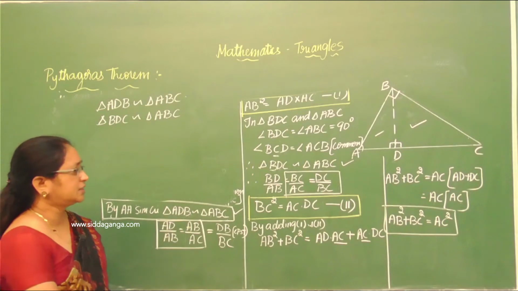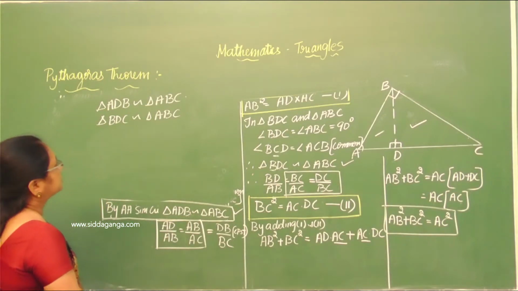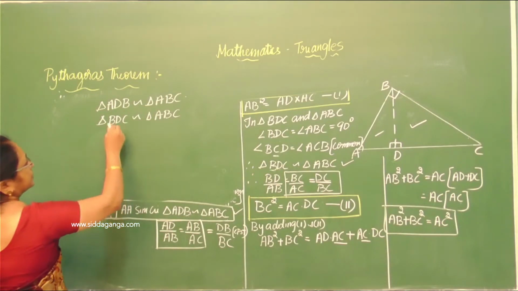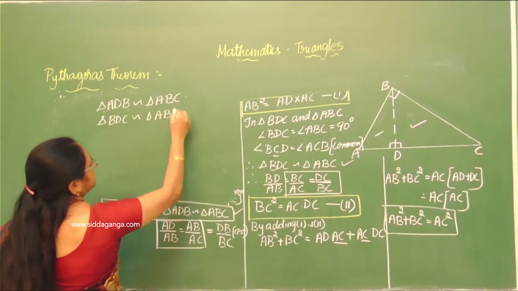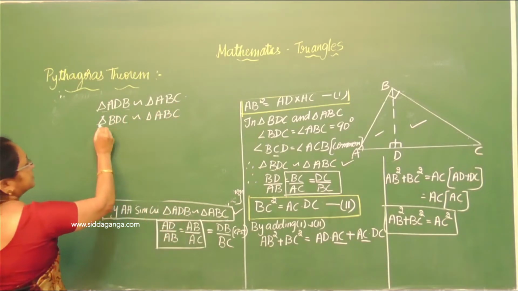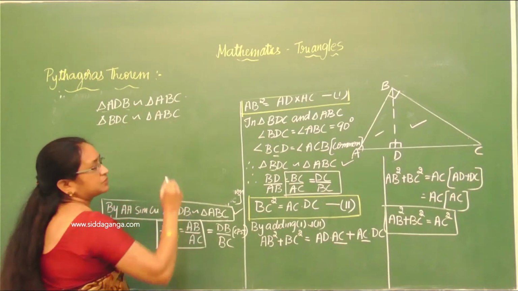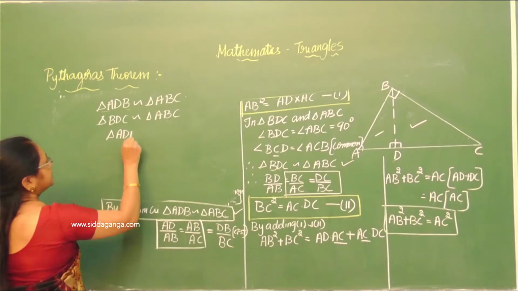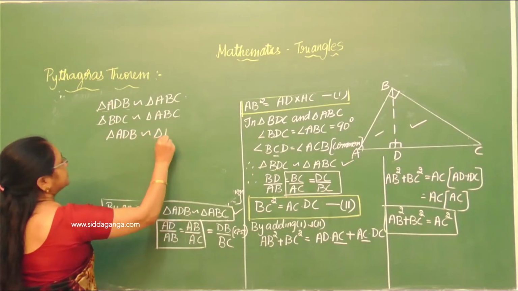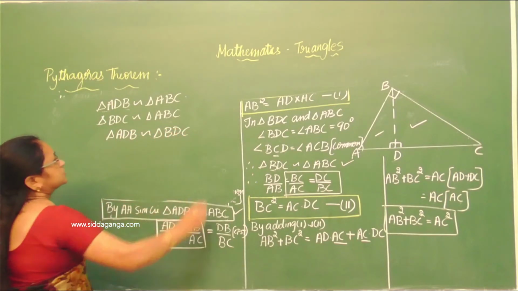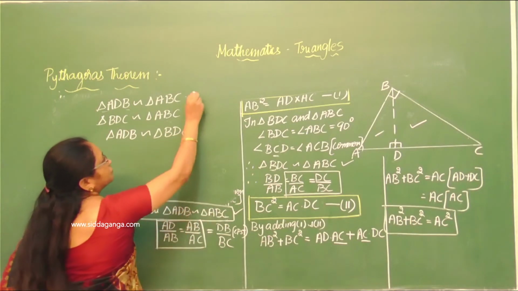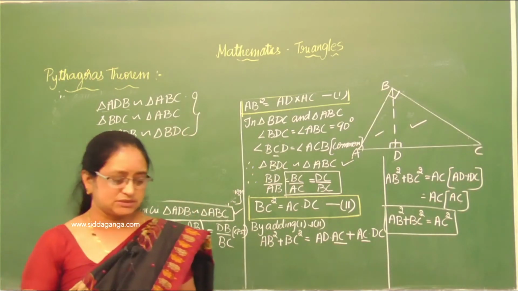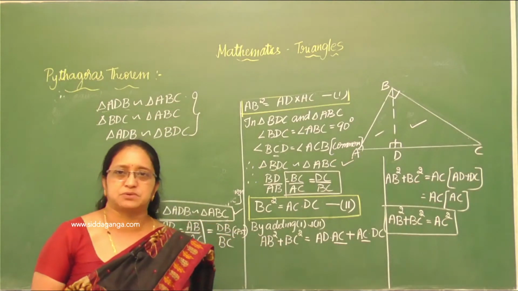So ADB is similar to ABC, and triangle BDC is also similar to ABC. So can I write triangle ADB is similar to triangle BDC? This is the meaning of the statement which I read, that is theorem 6.7 in your textbook.